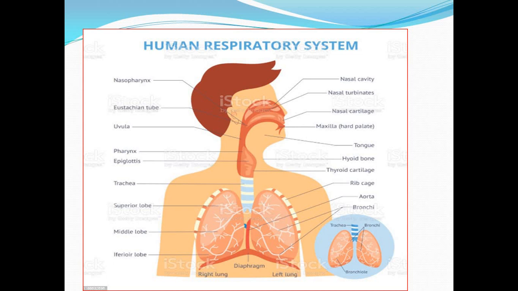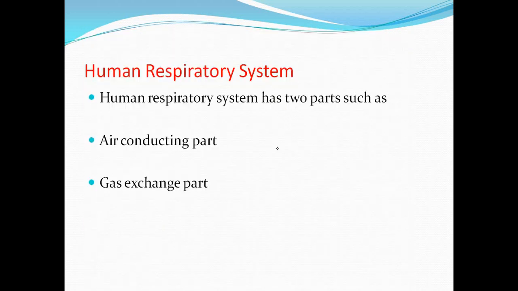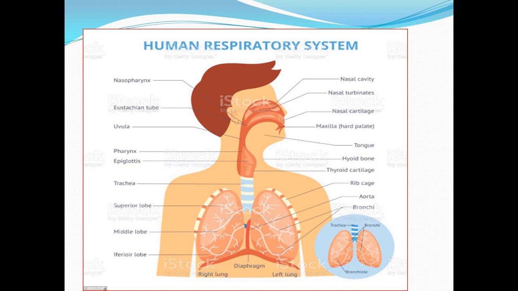Especially here, I am going to discuss the human respiratory system. And the human respiratory system, you can see, starts from the nostrils. Then we come to the nasal cavity.